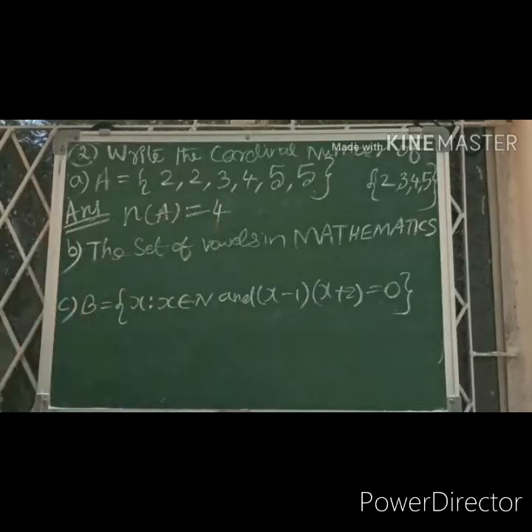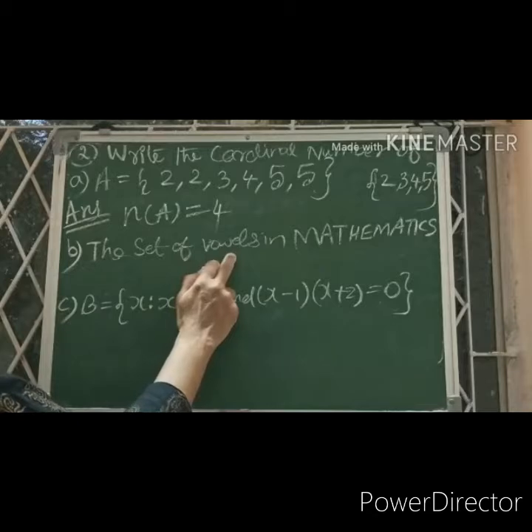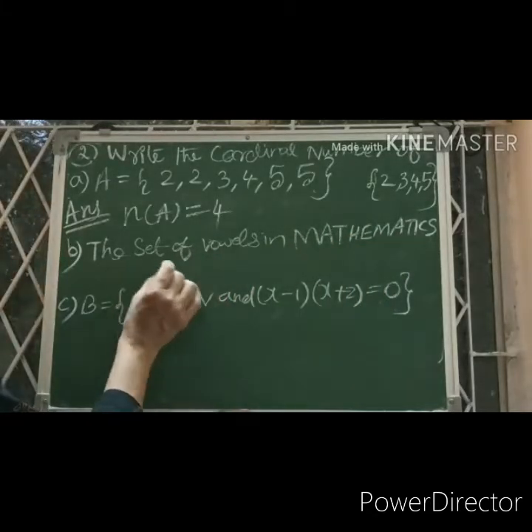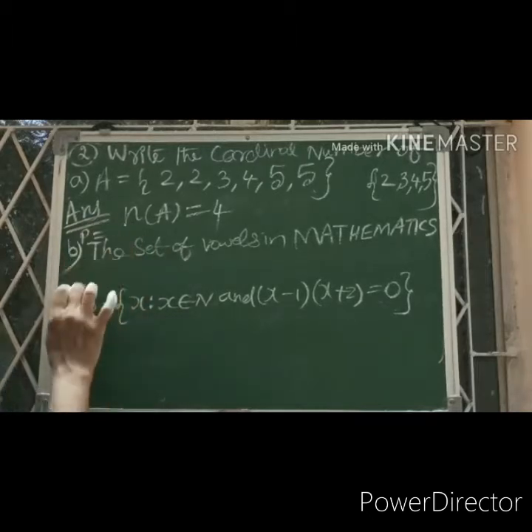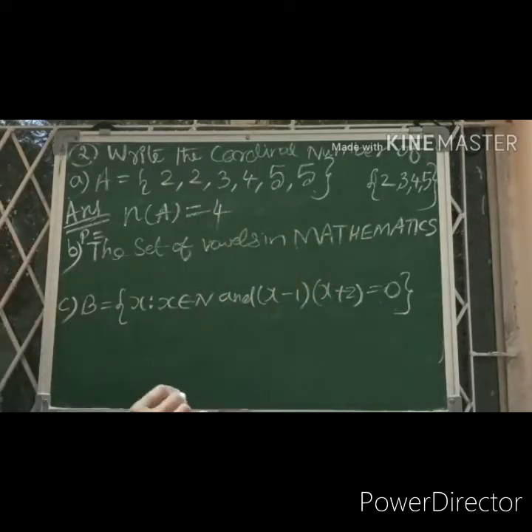See B part. The set of vowels in this word mathematics. So you call this set as P is equal to set of all vowels in this word mathematics.